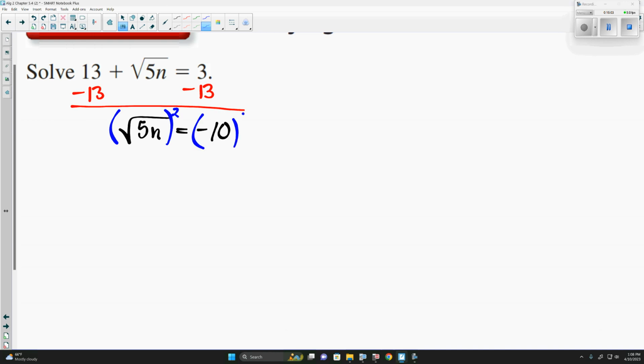In this case, it'd be the second, which is telling us that 5n is equal to, because these do cancel, 5n, negative 10 squared. So negative 10 times negative 10. It'd be positive 100. A negative times a negative is a positive.